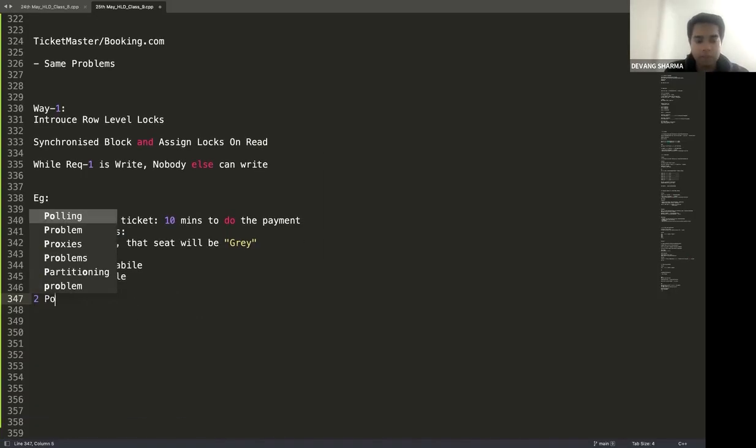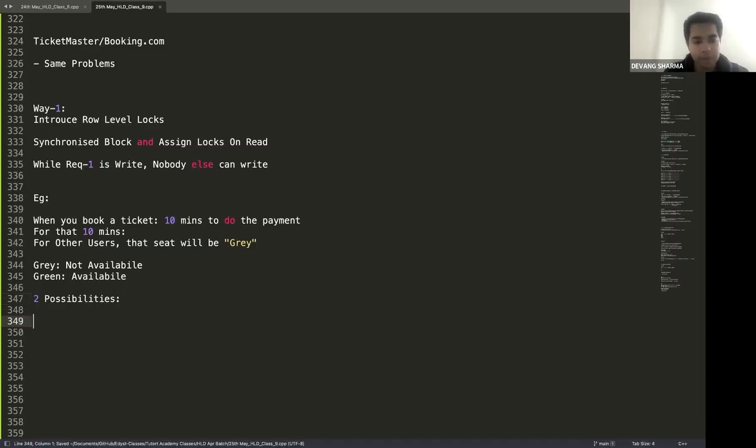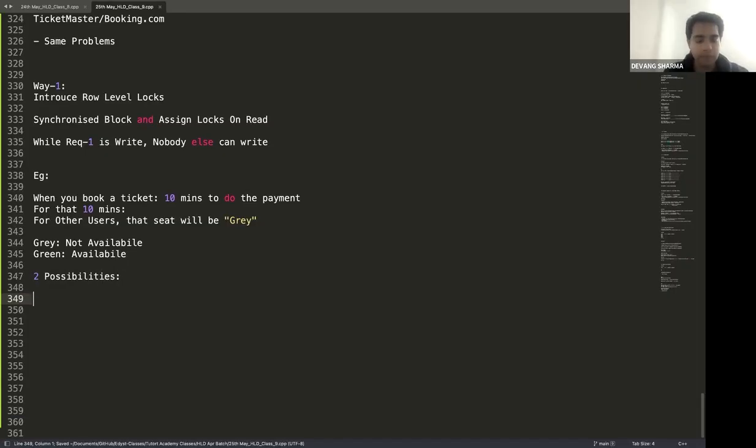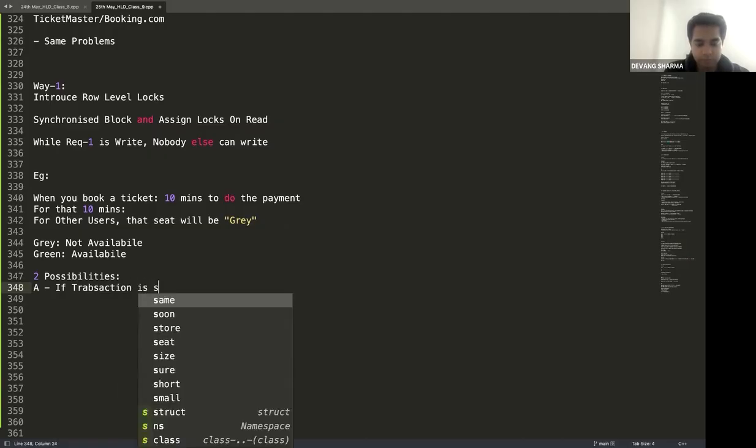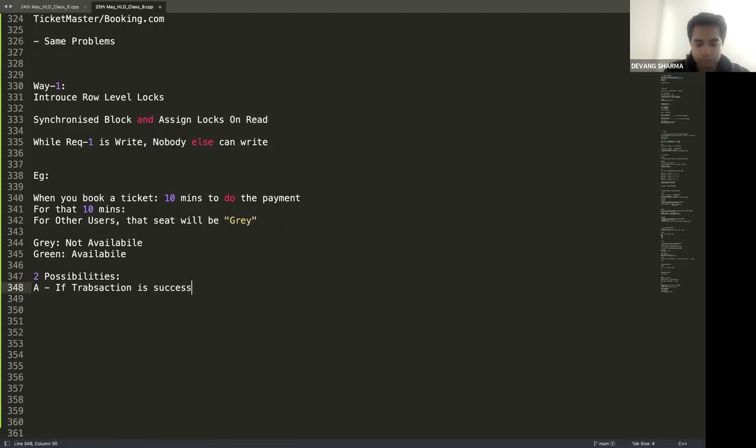Let me write it down here. That's why I don't want to go too deep into it, because it makes sense to go deep in Ticketmaster. But anyways, once we go back there, we'll discuss this. A, if the transaction is successful, the seat will remain unavailable.